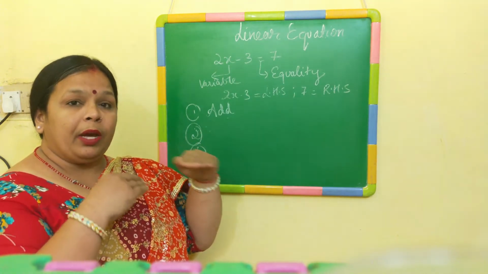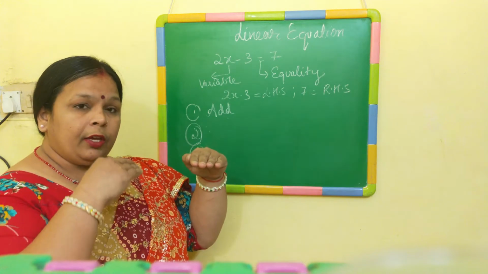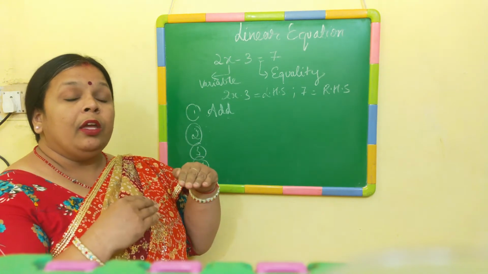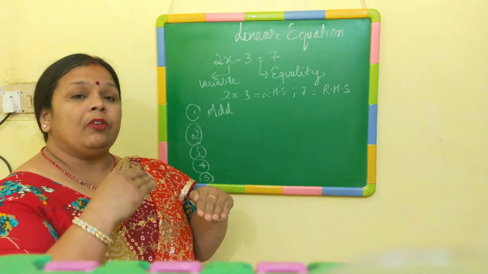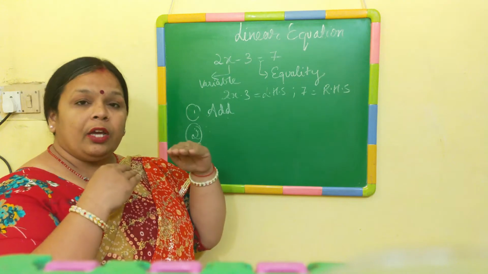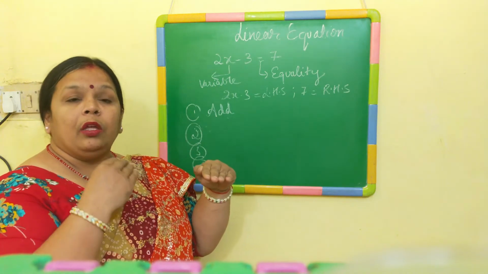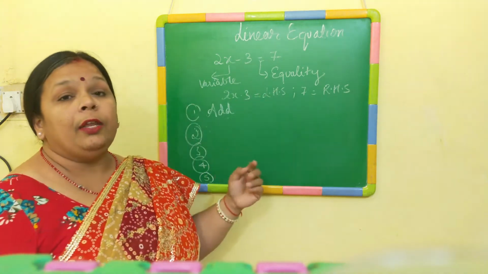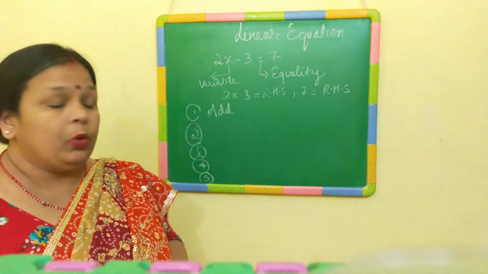When we balance it, we can either increase the quantities or decrease the quantities. If we are increasing the quantity, the increase should be on both sides. If we are decreasing, it has to be decreased on both sides. Similarly, in maths, if we are multiplying, it should be on both sides, and if we are dividing, it has to be on both sides.